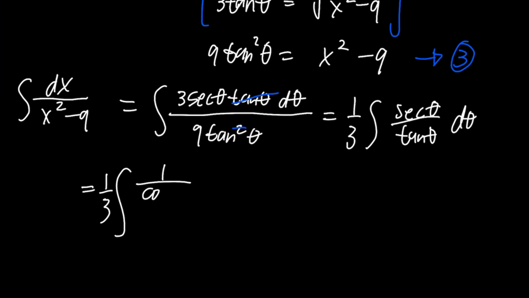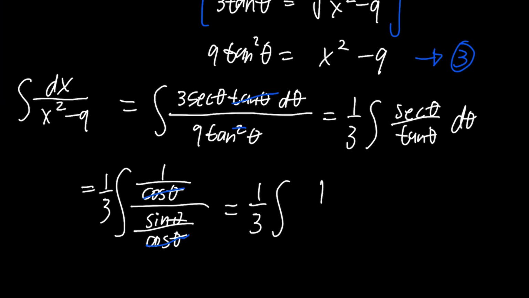So we know that secant theta is equal to 1 all over cosine theta, and tan theta is equal to sine theta all over cosine theta. Then we can cancel cosine theta and cosine theta there, and we'll be left with 1/3 the integral of 1 all over sine theta d theta. Oh, I forgot the d theta here.